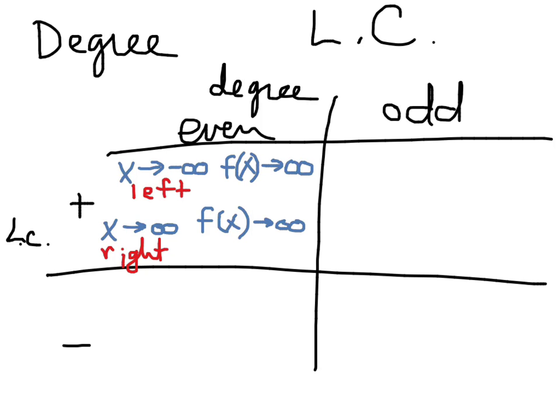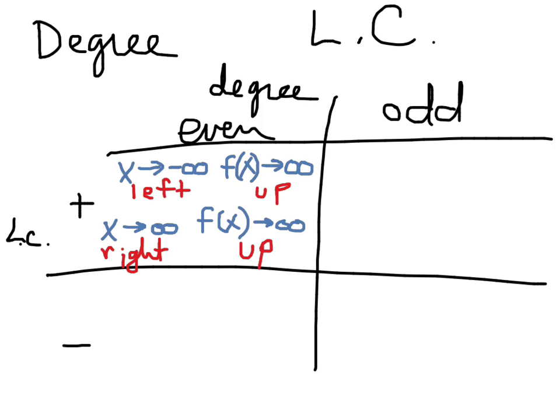What do you think f of x approaches positive infinity means? What is f of x the same as? Do you guys remember? We've talked about it before. Y. So which way is positive infinity on the y-axis? Up. Good. So this is what it really means in layman's terms.